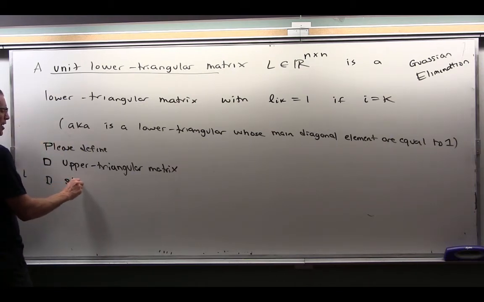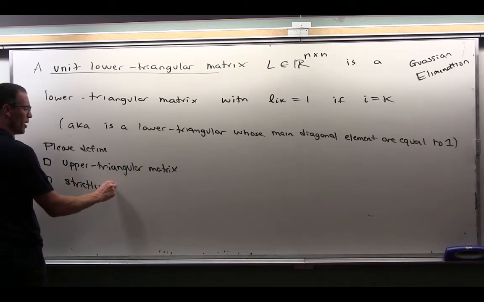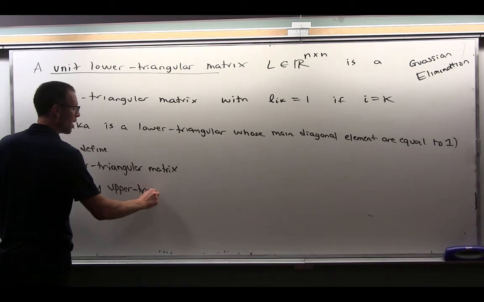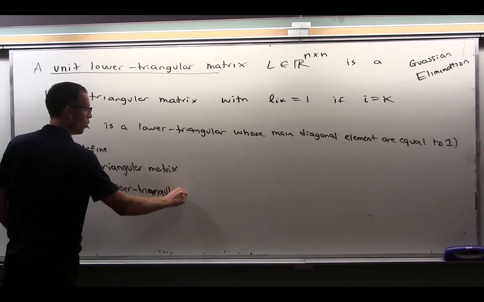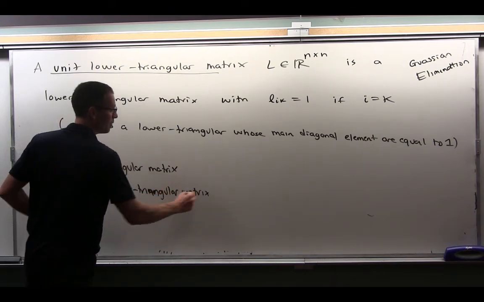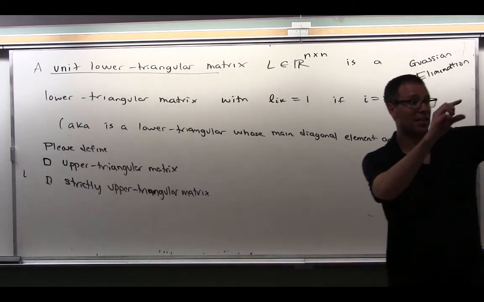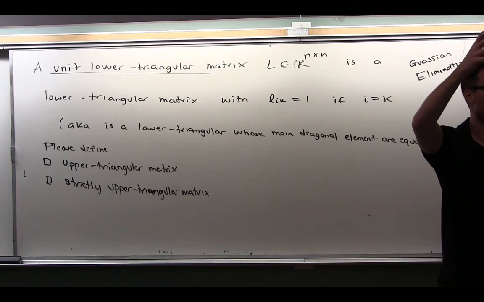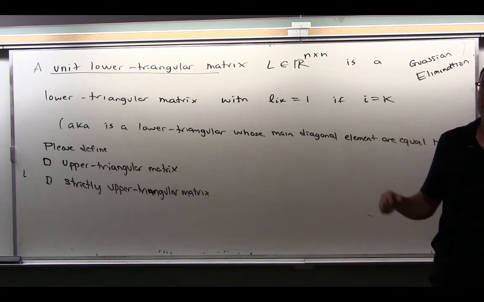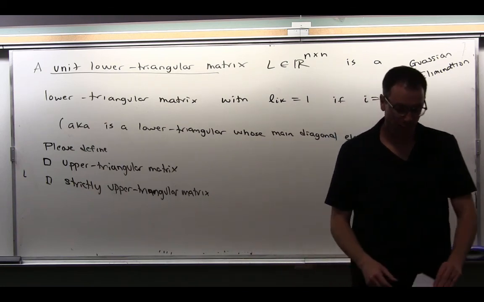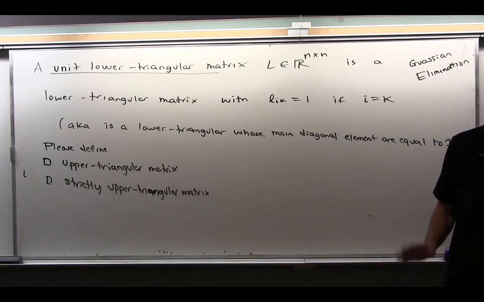Could you guess what I would say about a strictly upper triangular matrix? What must be true about a strictly upper triangular matrix? What would be true about the main diagonal? Main diagonal would be 0, right? Because only the ones in the strictly upper triangular portion would be allowed to be non-zero. That comes up in what we call Jordan form. It's a very famous matrix called nilpotent, which we'll talk about.